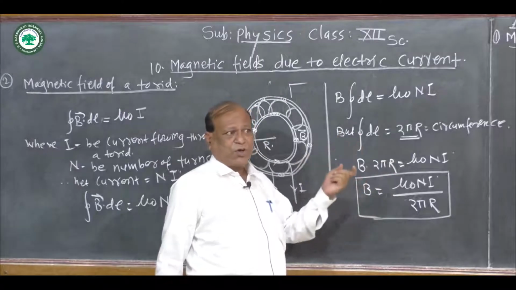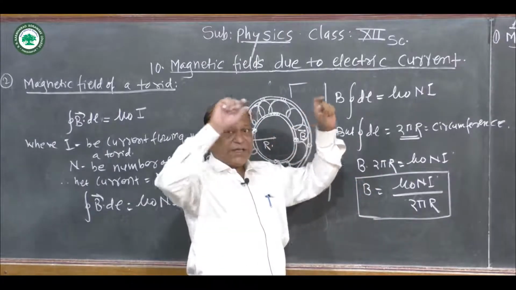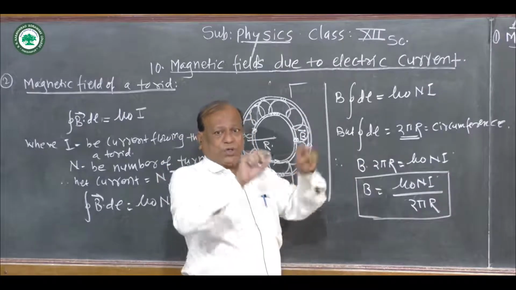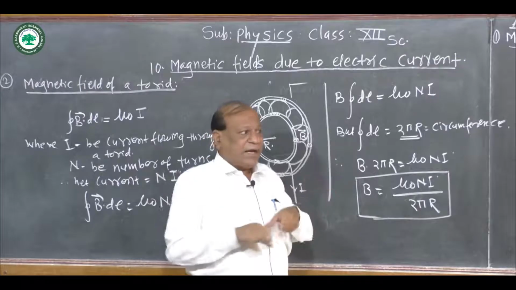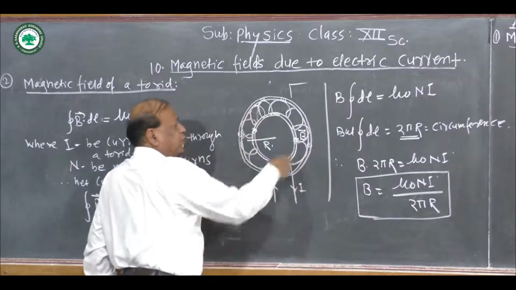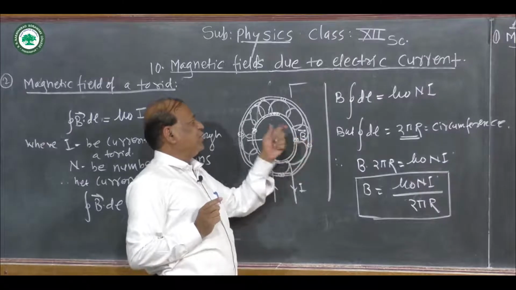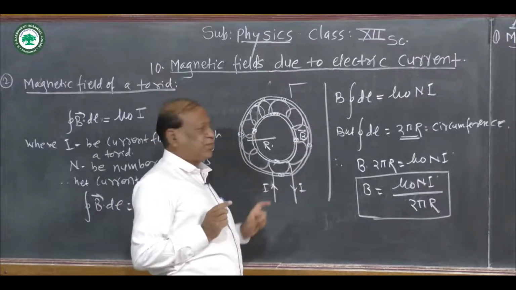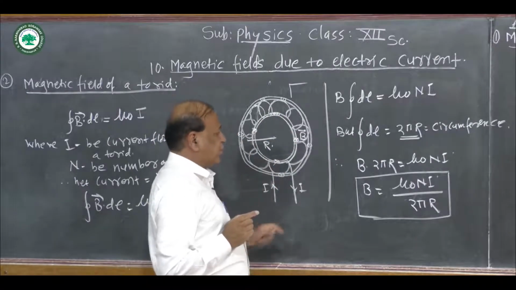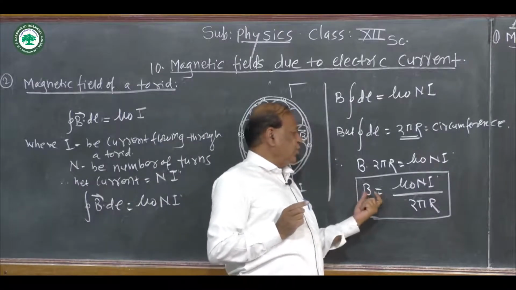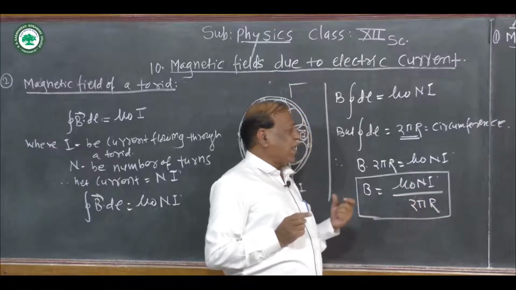A toroid is a straight solenoid bent to form a circle, an endless circle, and we find the magnetic field B at the center of this circumference, which comes to be B equals mu 0 Ni upon 2 pi r.